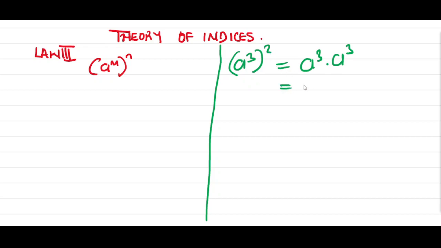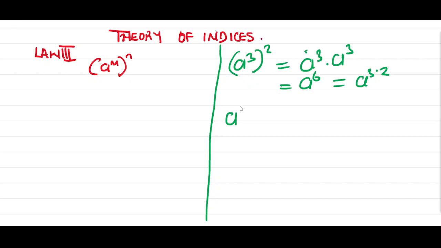Now this will be equal to a to the power of 6 using the law we discussed. And we observe that we can write this 6 as 3 times 2. So instead of writing a to the third power twice, we can simply use 3 to multiply 2.